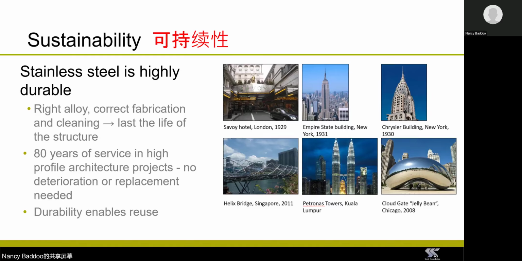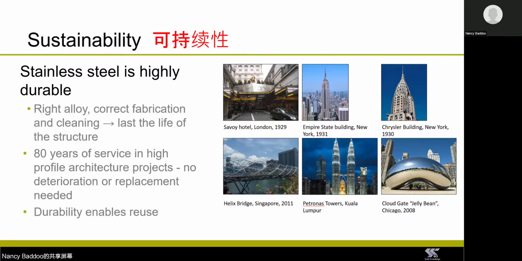With coated steel, you do need to carry out regular painting and application of protective treatments. But with stainless steel, you don't need to do this. The savings in maintenance intervention reduce waste, emissions, and of course, disruption.